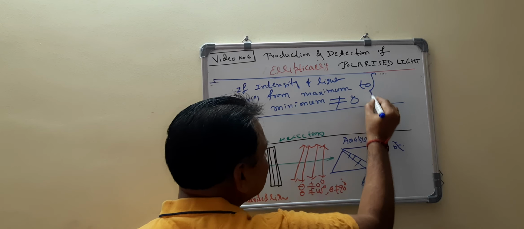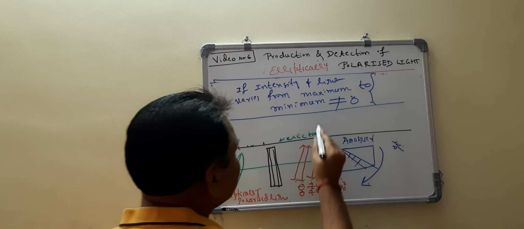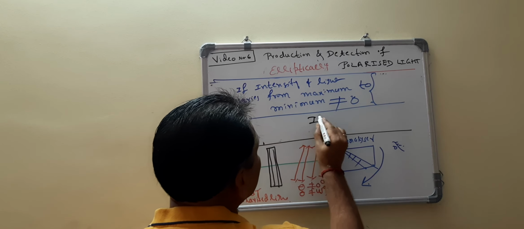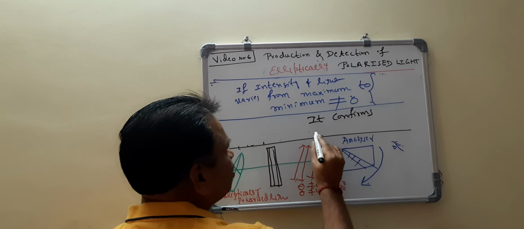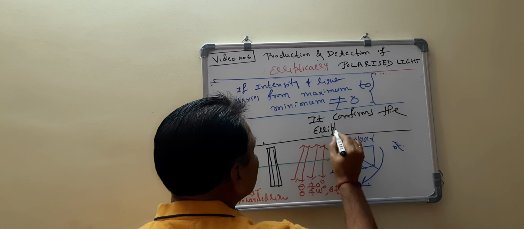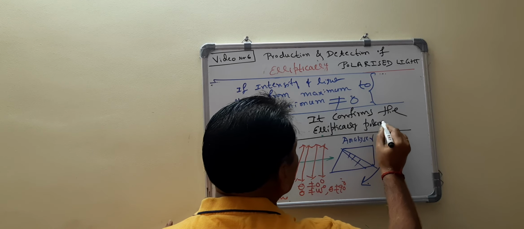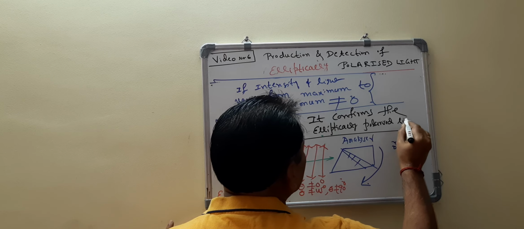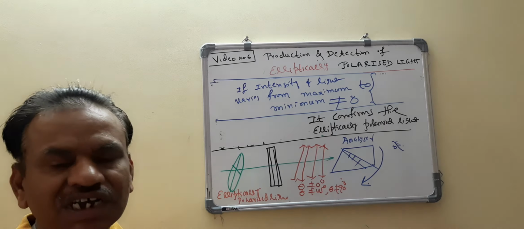If this condition is satisfied, it confirms elliptically polarized light. If you write this much, definitely you will get 8 marks.